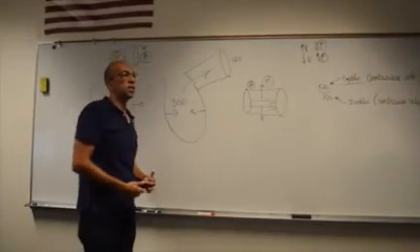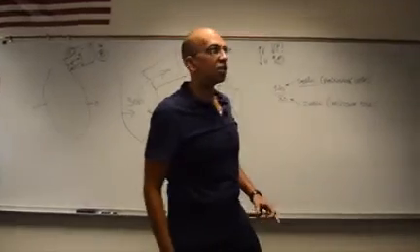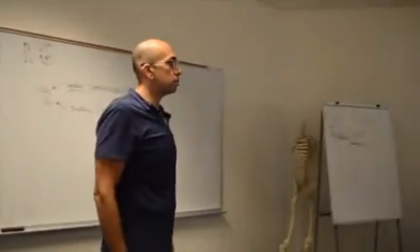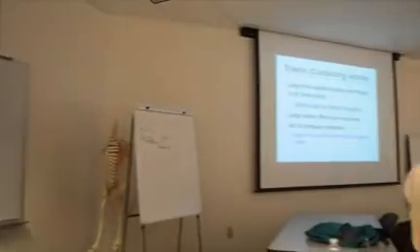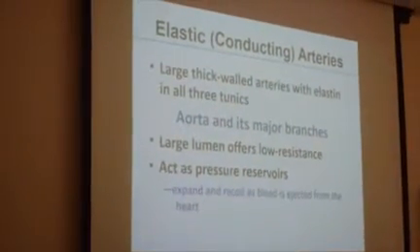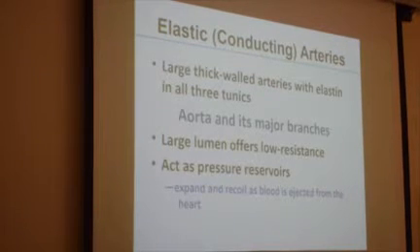This is what I mean on here, that the aorta and its major branches, elastic arteries, will expand and recoil as blood is ejected from the heart to keep a pulsatile blood flow, to keep the blood moving, whether during ventricular contraction or during ventricular relaxation. Your blood is moving all the time.